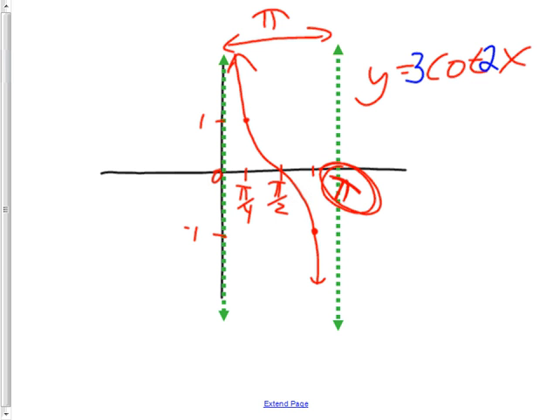That 3 part's pretty easy, isn't it? By throwing in the 3 there, I just made it go 3 times as tall. So this 1 and negative 1 turned into 3 and negative 3. Okay, how about the 2? I'm going to always refer you to the formulas for that. Period equals 2 pi over b is what you should be thinking in the first place.